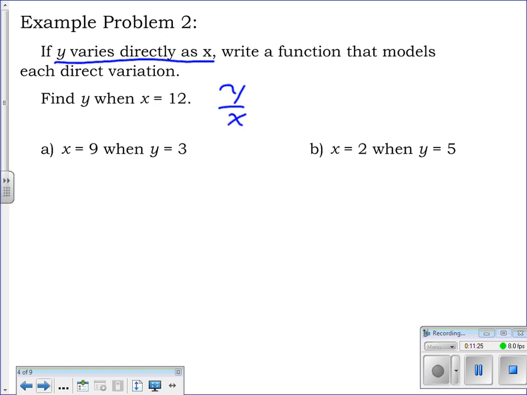That means y over x equals the same thing every time. For every corresponding x and y, when I divide them, I get the same number. So when y and x equals 12, y over 12 equals 3, for y, 9 for x. And we solve it.